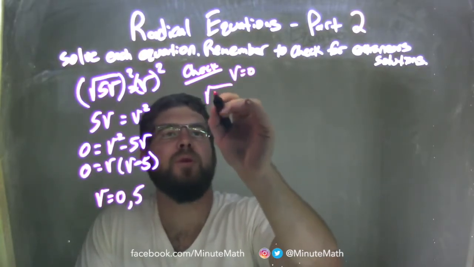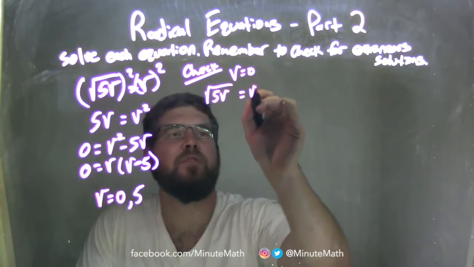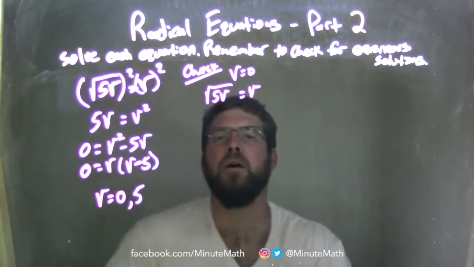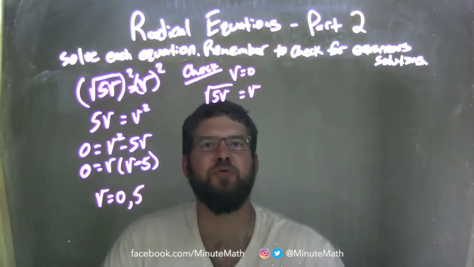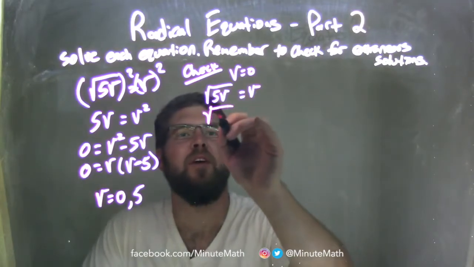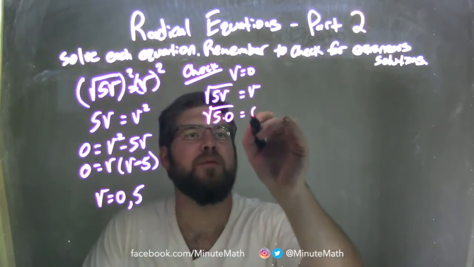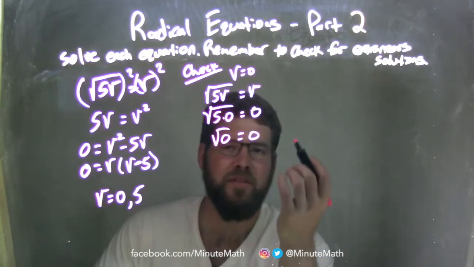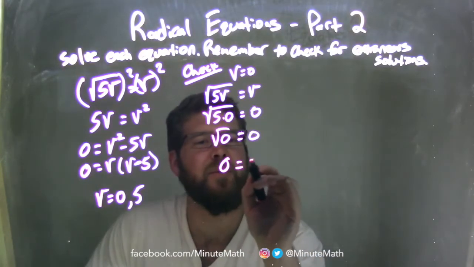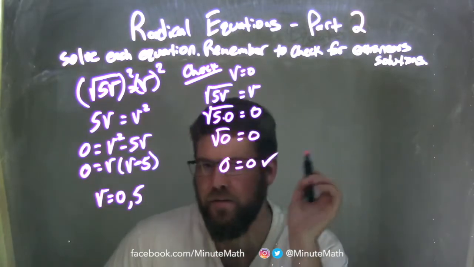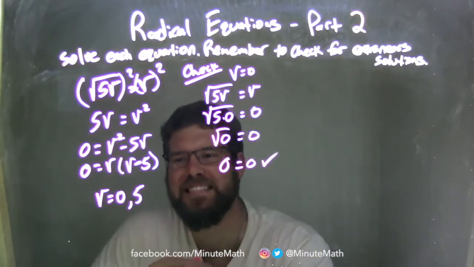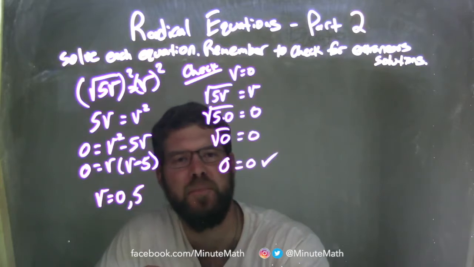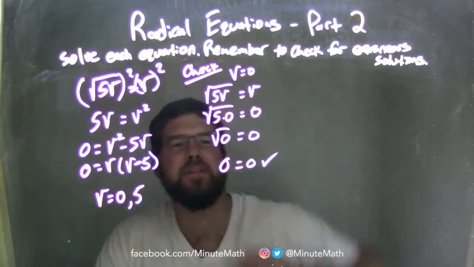So we have square root of 5v equals v. I'm going to plug 0 in. So I have 5 times 0 equals 0. 5 times 0 is just 0, folks. And square root of 0 again is 0 equals 0. Left and right hand side are equal. True. Fantastic. v equals 0 is a true solution. Not extraneous, but we still have another one here.